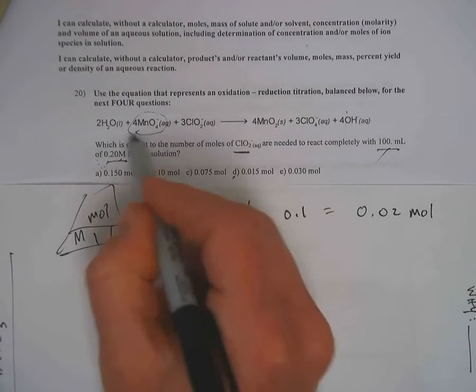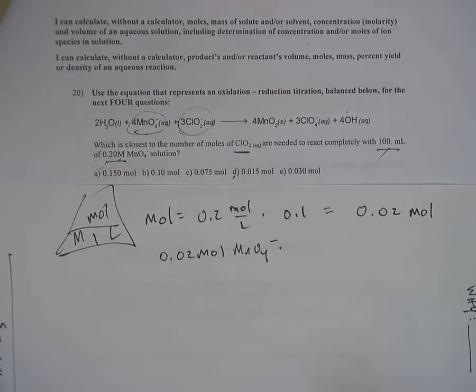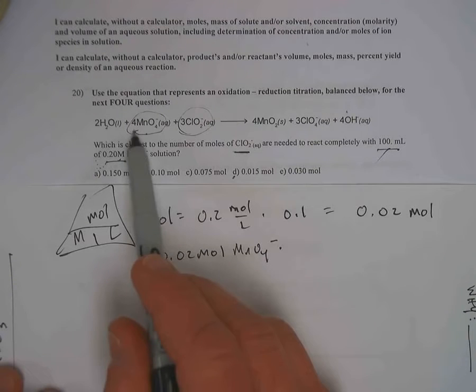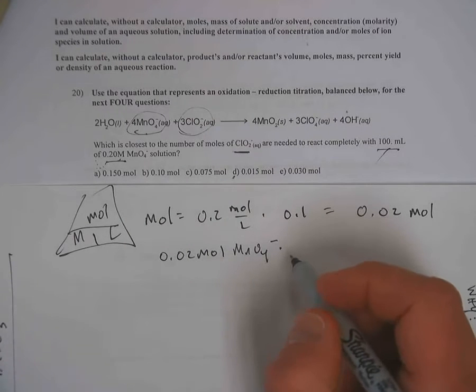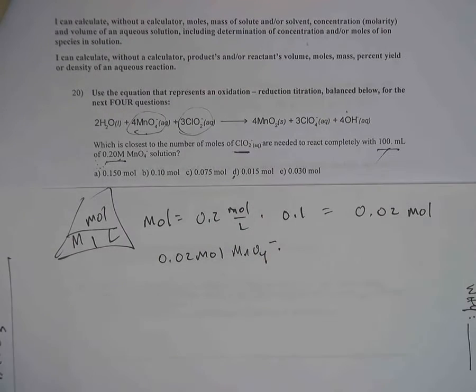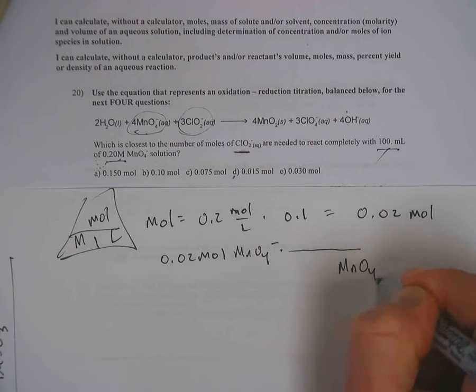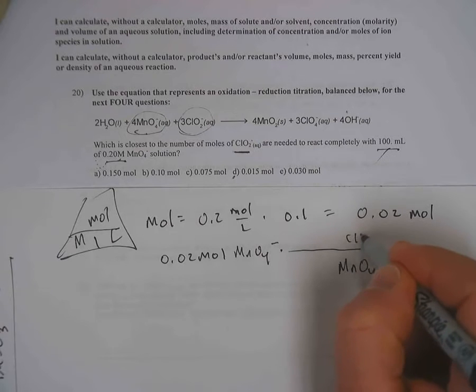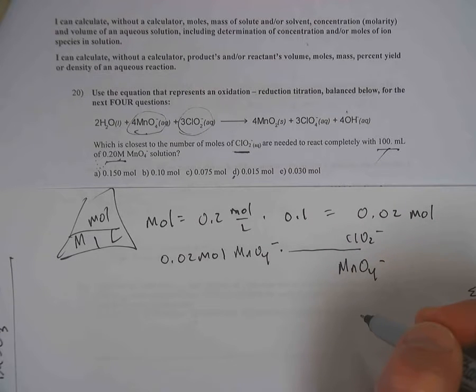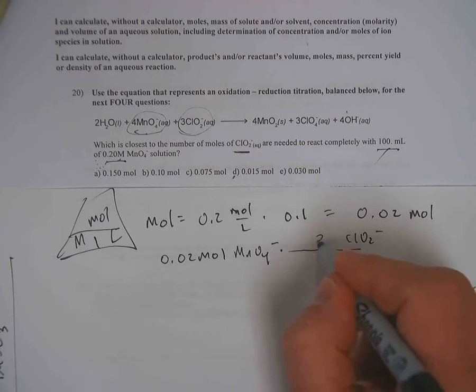And if you look, MnO4 minus is related to ClO2 by a 4:3 ratio. So moving to step 3 now, the mole-to-mole ratio from the balanced chemical equation, put a multiply sign, put a line, put MnO4 minus in a position where it's going to cancel, and put ClO2 as your new set of units, because that's the thing you're looking for.